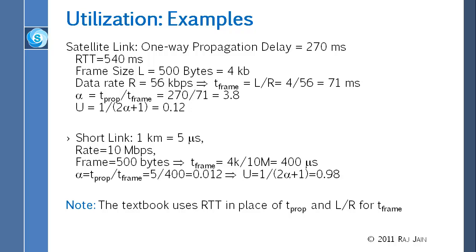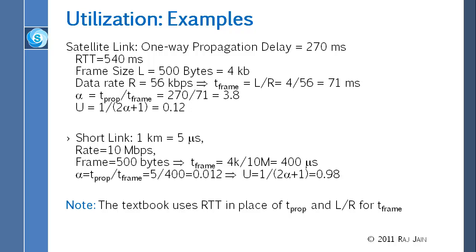If the rate is very high, let's say this was not 10 megabits, this was 10 gigabits. If it was 10 gigabits, this number would be 1,000 times smaller, right? And this number alpha would be 1,000 times bigger, because frame is on the bottom.